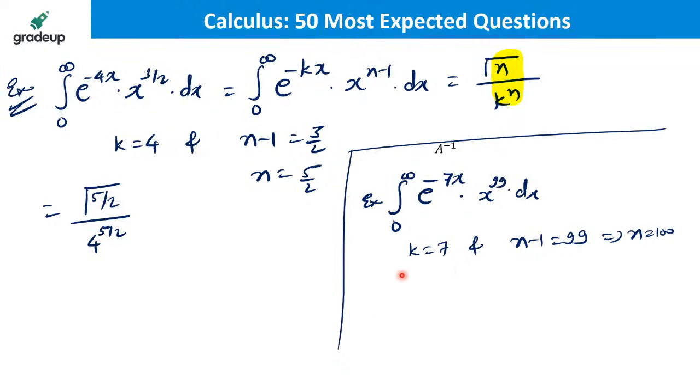So we can say that this will be gamma n upon k raised to n, gamma n, that is gamma 100, upon k raised to n, 7 raised to 100.